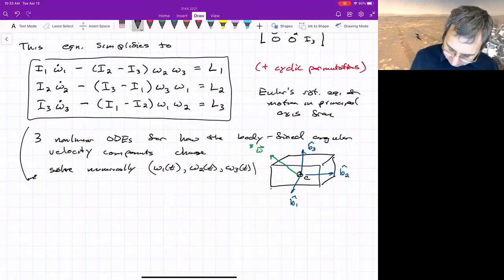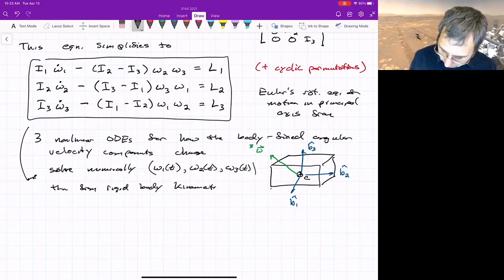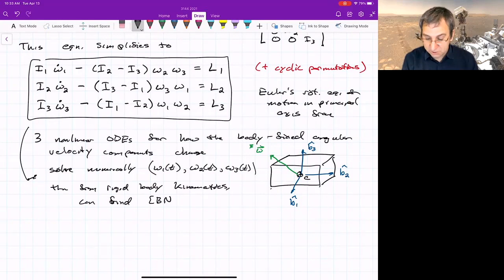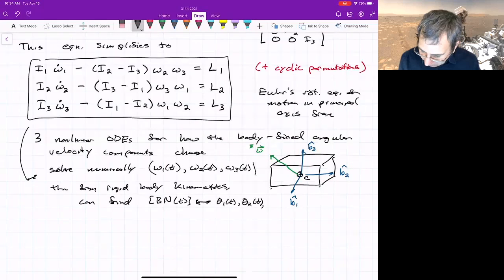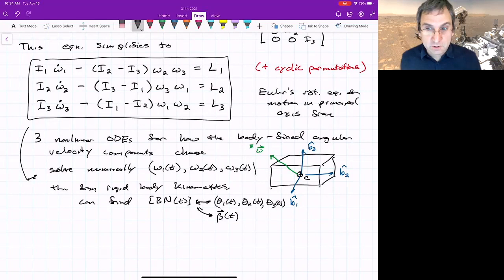Then from rigid body kinematics, you can find how the B frame is rotating with respect to some inertial frame as a function of time. That could be given by some set of Euler angles, or the other thing we talked about, the Euler parameters or quaternions, however you want to parameterize it. That's how the pieces fit together.